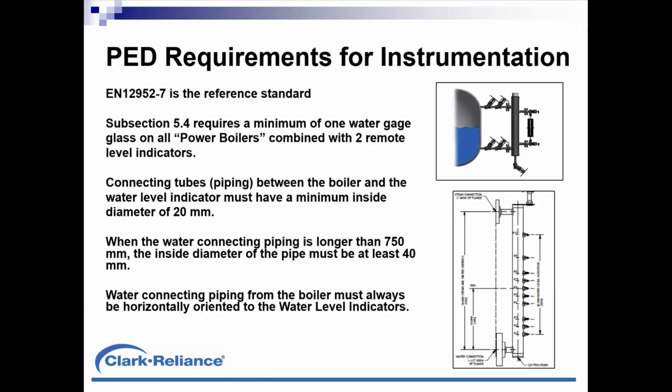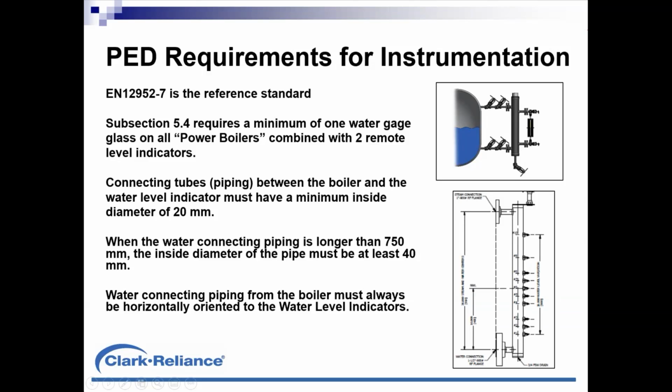And someone may look at this and say, well, if they're 2 different sizes, I can't install the chamber upside down. Well, that's true. But protecting that water line with reduced risk for blockage, I think, is a very good idea. And EN also requires that the water connecting piping from the boiler be run horizontal to the water level indicator.